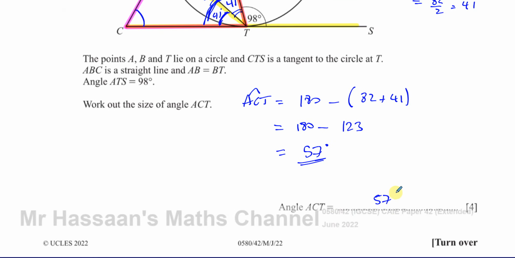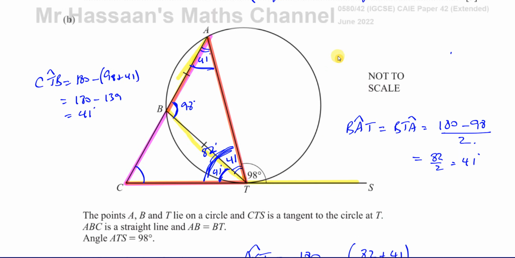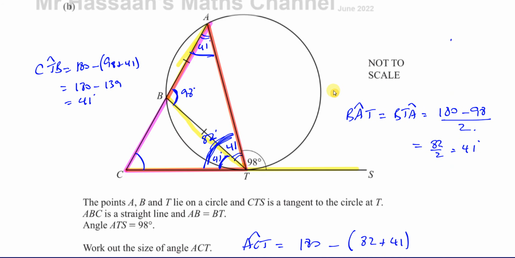Okay, so I've shown the steps up here mostly, and that's fine. We could have also found what this angle is here. We could have done 180 minus 98, which would have been 82. And then we could have said, the angle here is going to be 180 minus, again, 82 plus 41. So it will be the same answer. So whichever way you do it, you end up with your same answer. Angle ACT is 57 degrees. So there's the answer to this question.